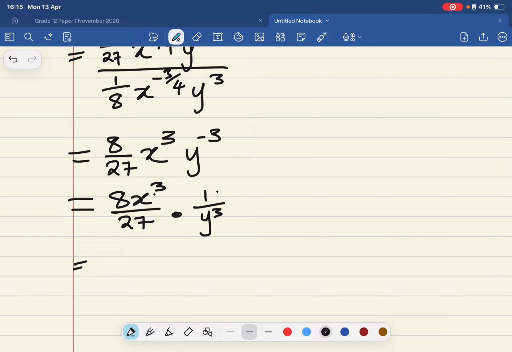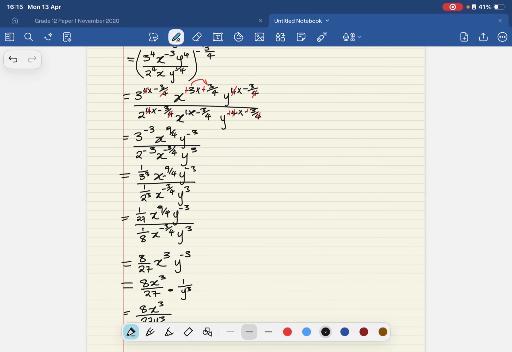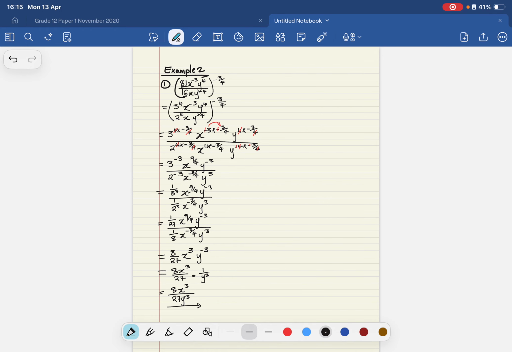Then I multiply numerator with the numerator, denominator with the denominator. Right, so this one times this one, I'll have 8x to the power of 3 over 27y to the power of 3. Right, what's important here is to first change your base into prime bases, and then you apply the laws of exponent.